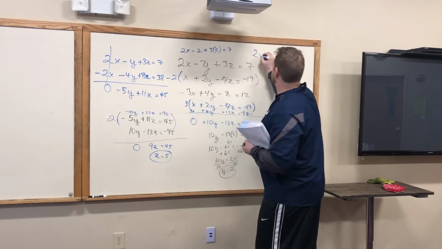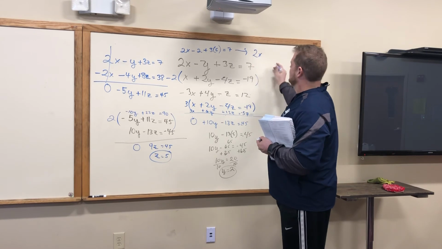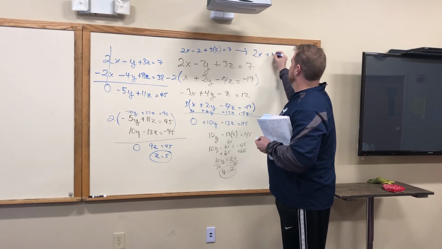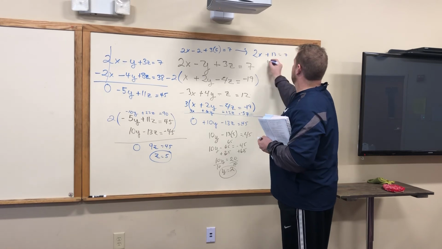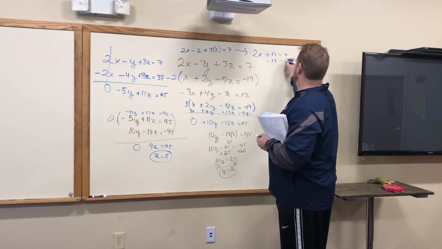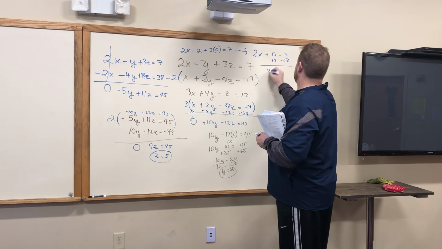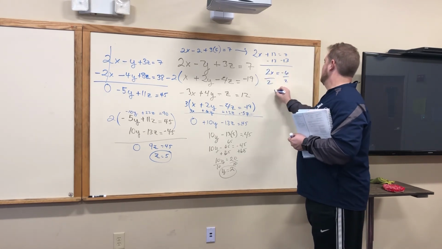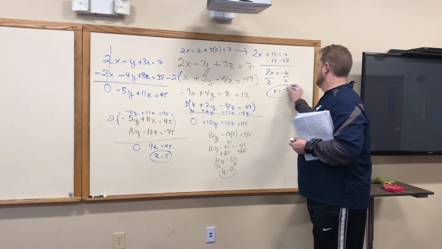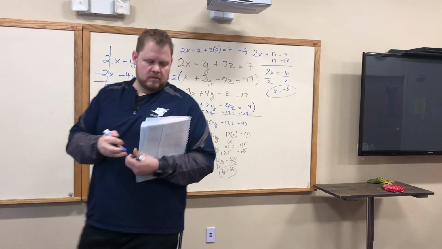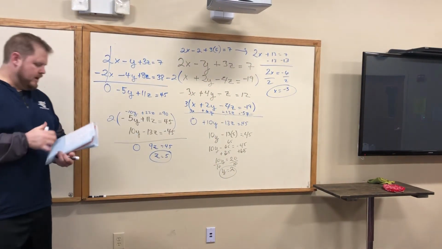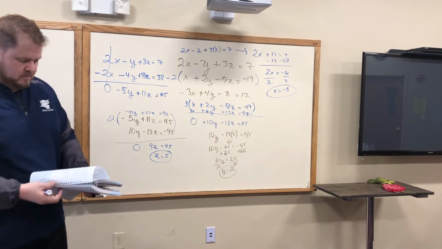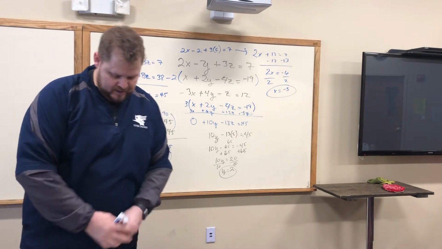So you're left with 2x plus 13 equals 7, minus 13, 2x equals negative 6, x equals negative 3. So your three answers are going to be very simple, right?